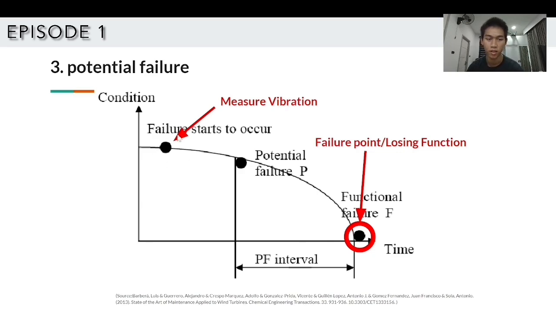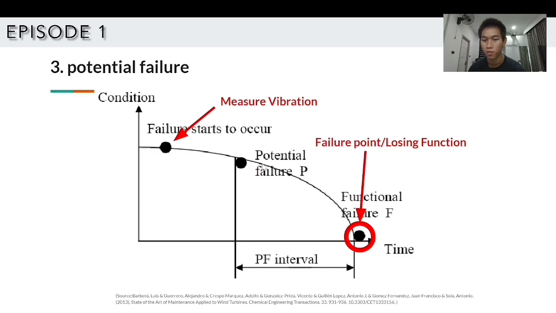As you can see right here, this is where we are supposed to measure vibrations to detect issues. Whenever failures start to occur, we should detect the problems right here before it continues to this point, and lastly reaches the failure point, which is called the function loss point. So we measure vibrations, we analyze, and we fix at this point.